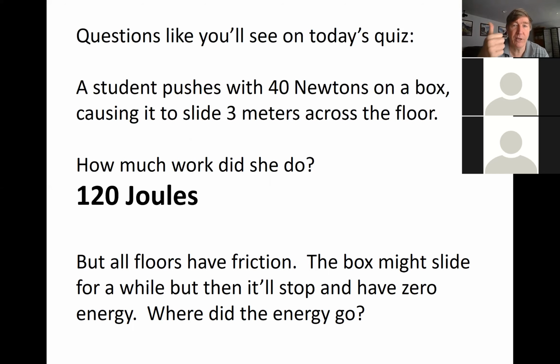David, you are 100% correct. That's exactly what happens. Rub your hands together like this. Do you feel the warmth? You can feel the warmth immediately. So when something is sliding across the floor and it has friction, it's generating heat. And so that 120 joules worth of kinetic energy is being converted into thermal energy.